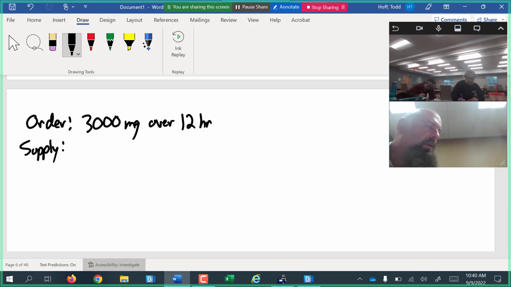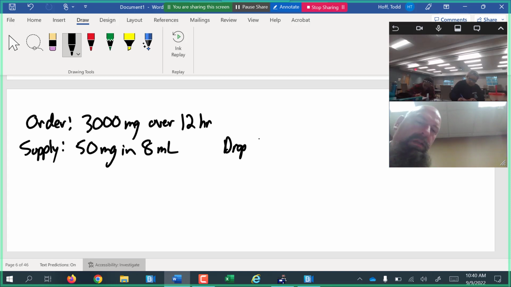And we have a supply. The label says that it is constituted at 50 milligrams in 8 milliliters of solution. And we're working with a drop factor of 15 drops per milliliter.